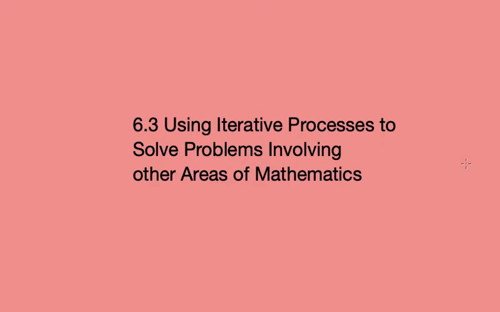Okay, so today we're going to use our iterative processes to solve more problems in different areas of mathematics. So let's consider a problem that we would come across in trigonometry.